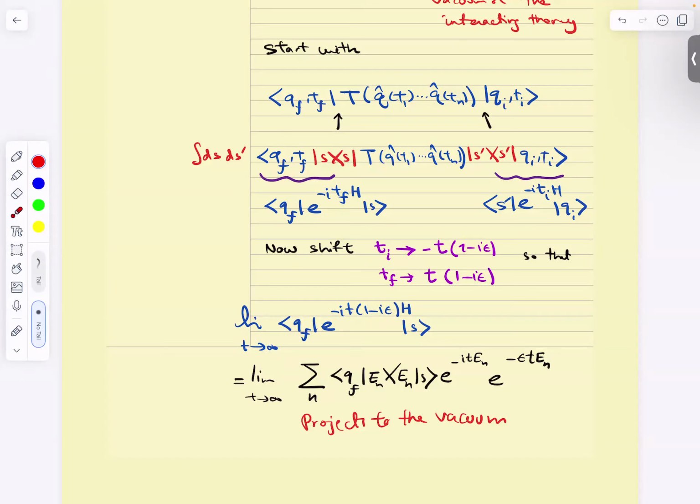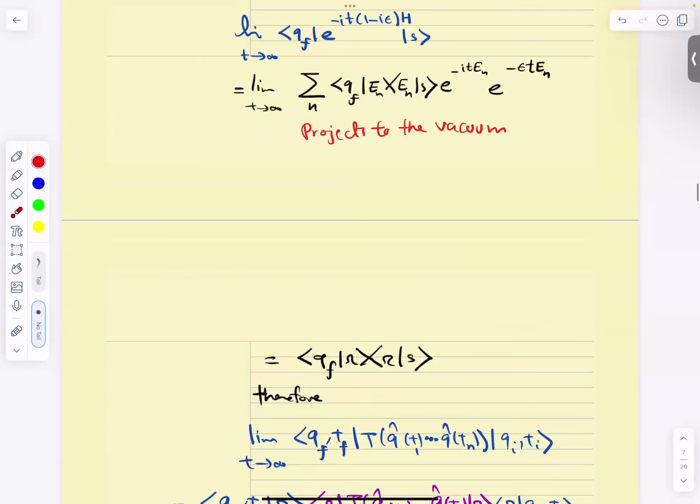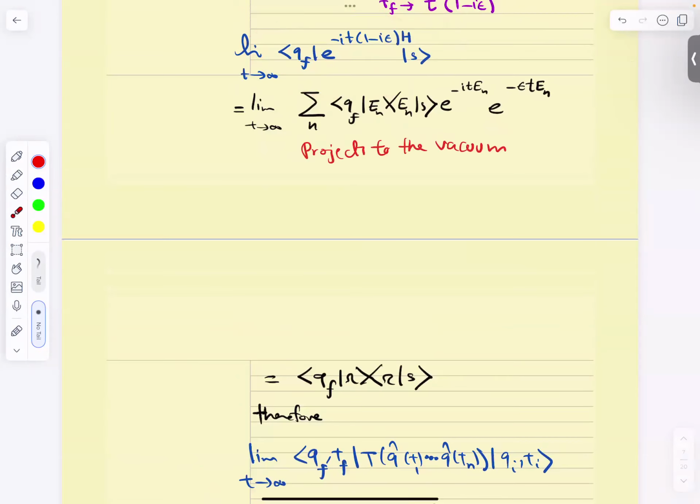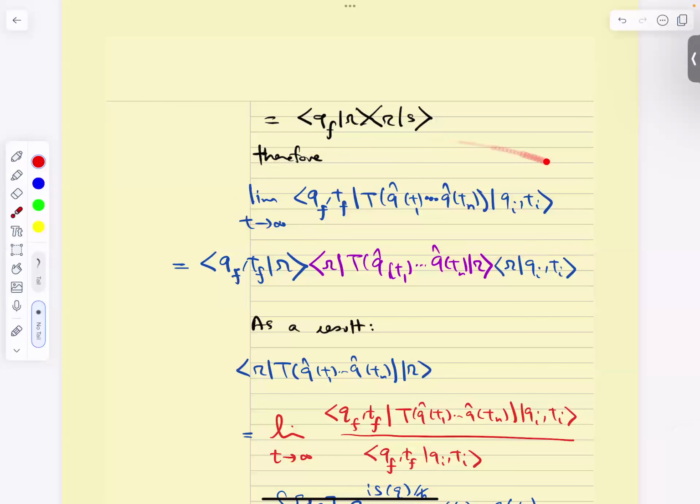Once you learn about Euclidean path integrals, this is bread and butter. We do this all the time. So what happens is the following. When I take this limit, it's going to give me a projection down to the vacuum. So in this expression, I obtain a vacuum projection here, a vacuum projection here.